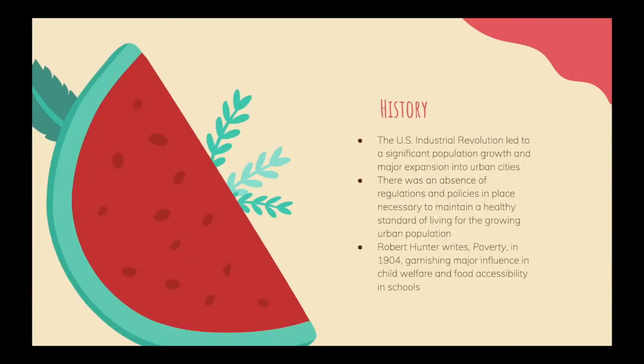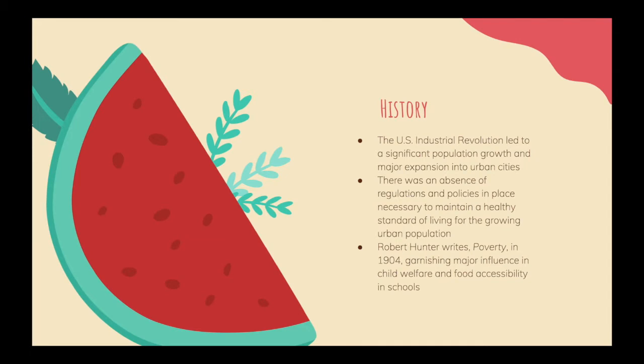All right, so going into the history, the Industrial Revolution started in the early 18th century and went on into the earliest 20th century. With that, the U.S. Industrial Revolution led to a significant population growth, and there was a major expansion into urban cities. A lot of people were leaving rural towns to look for jobs.